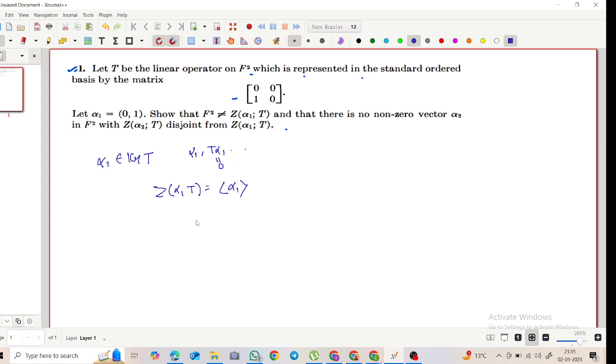Let's see whether there is an alpha 2 or not. What if there is one?